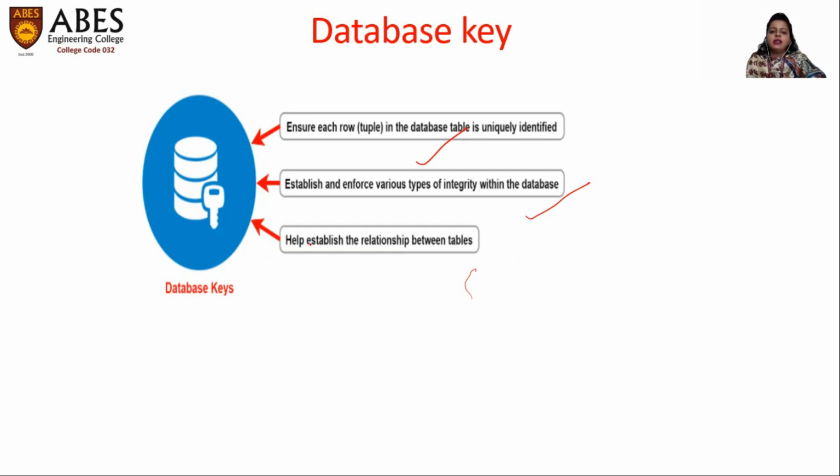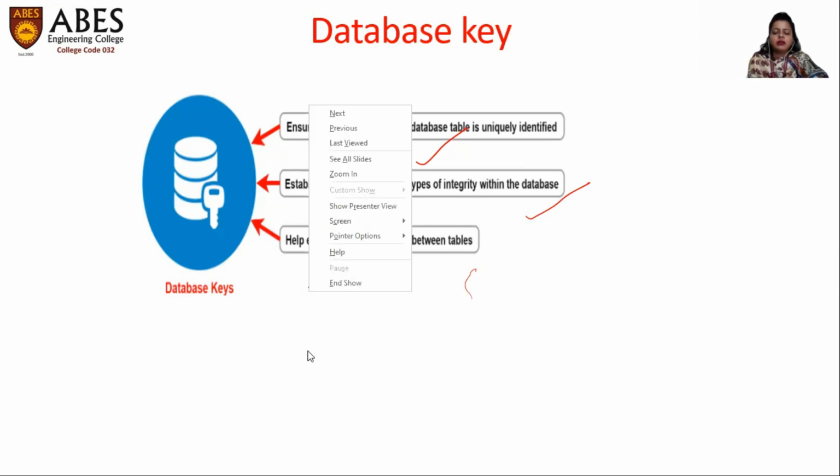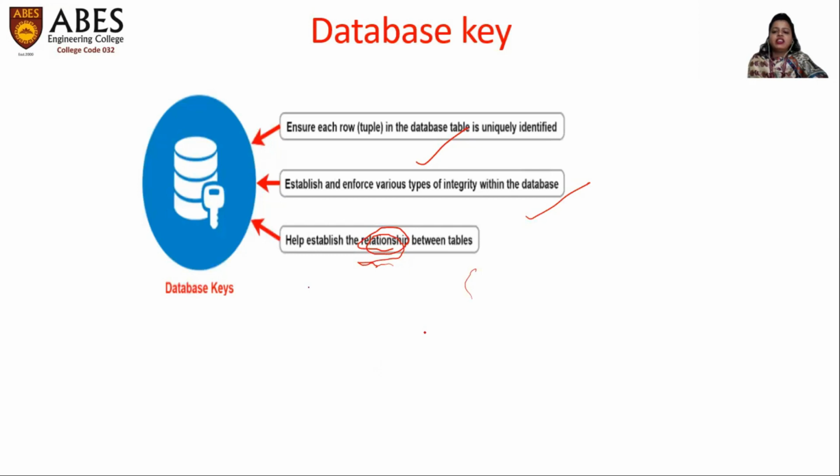Third, it helps establish the relationship between tables. Here, the important thing to notice is that we are going to establish relationships between tables. So why do we need to establish relationships between tables? Because imagine we have multiple tables, let us take just two tables, and you want to fetch records from more than one table.